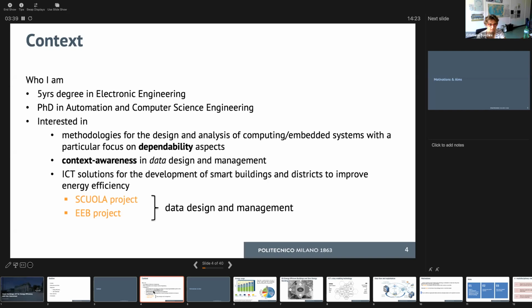My interest started from the point of view of designing the data that's necessary in order to enable these decisions and strategy towards energy efficiency, the data design, but also the management. And context is a key aspect in order to be able to make everything flexible and adaptable to different contexts.